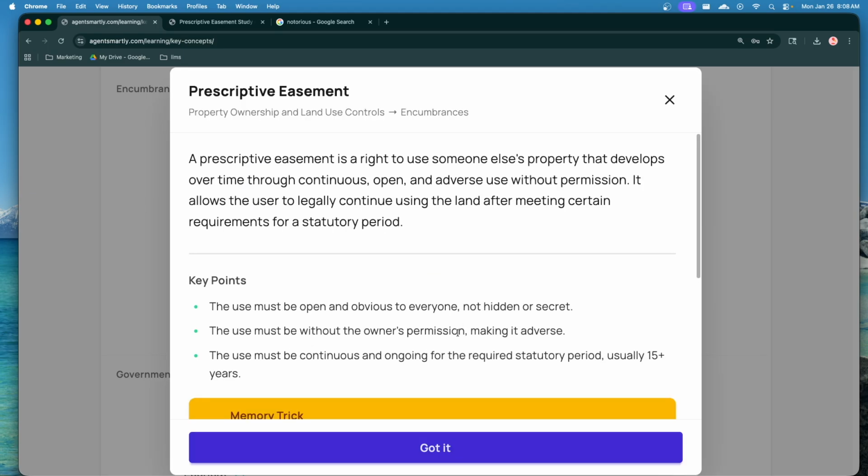Prescriptive easement is a right to use someone else's property that develops over time through continuous, open, and adverse use without permission from the property owner, okay? So it allows the user to legally continue using the land after meeting certain requirements for a certain period.